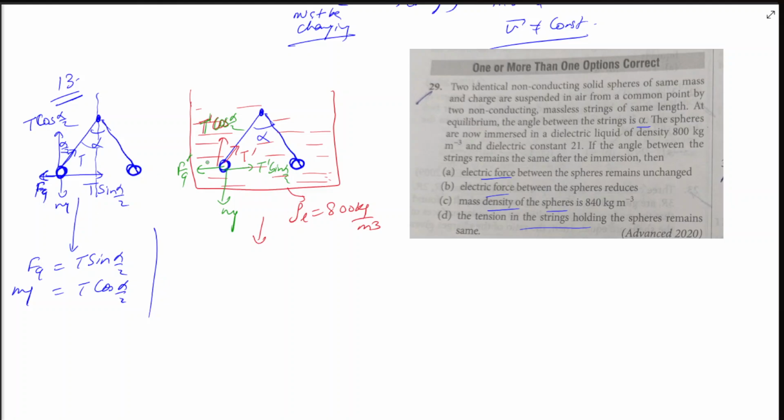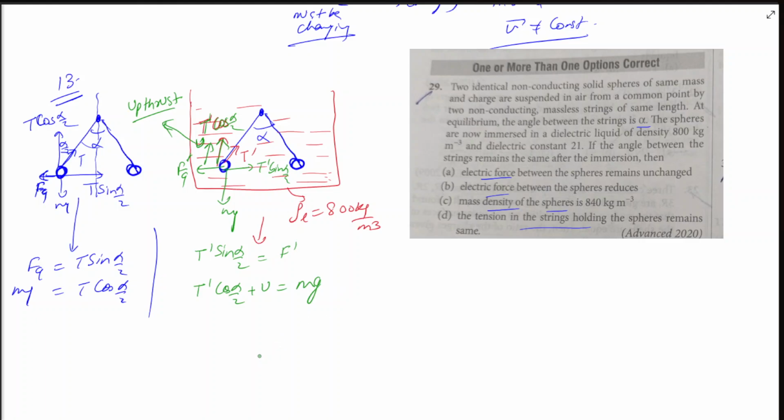Yes, there will be a force in the upward direction, which is upthrust. Now T dash sine alpha by 2 balances F dash, and T dash cos alpha by 2 plus upthrust is balanced by mg.